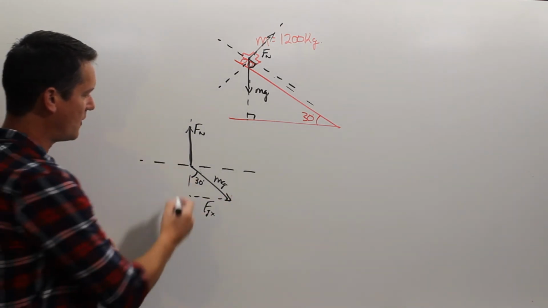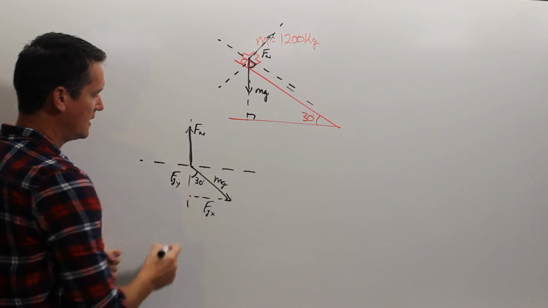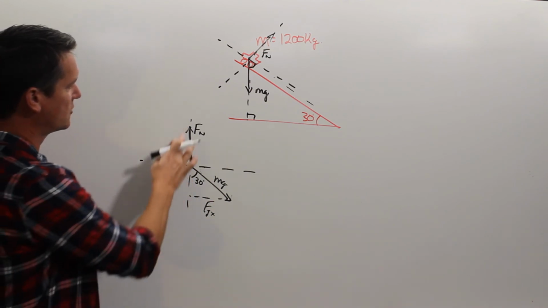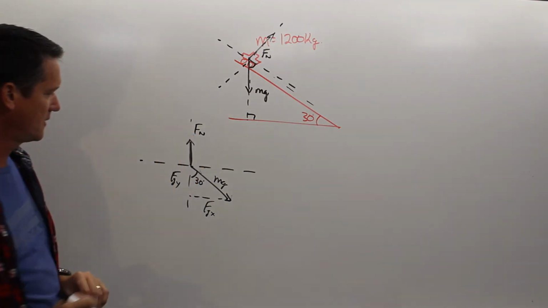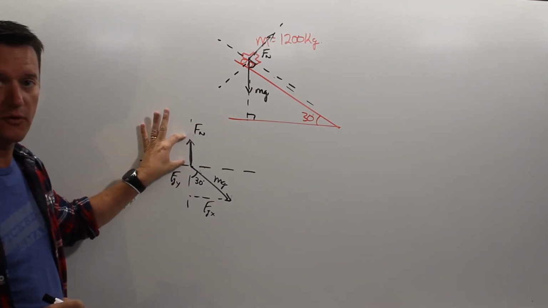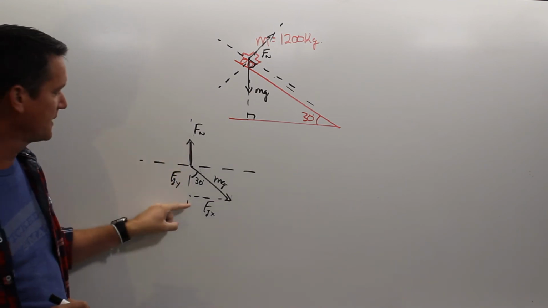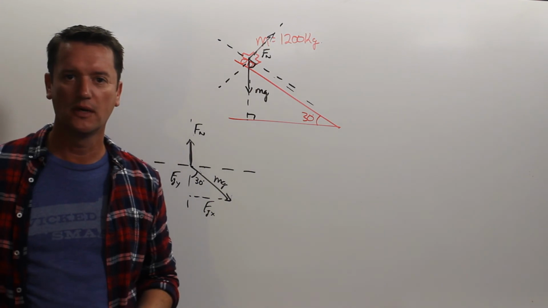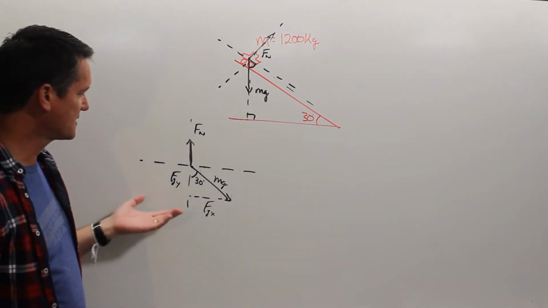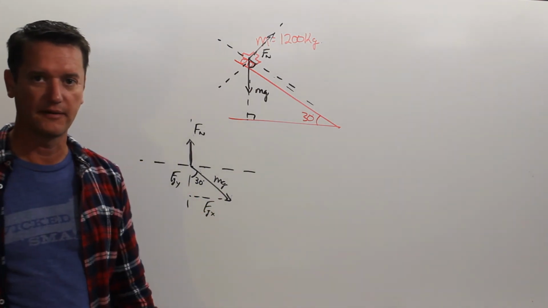The force of gravity in the y direction is going to cancel out with the normal force. My normal force here is probably a little bit big. So we don't care about that right now. We do care about the force of gravity in the x direction. That is what's going to pull this car down the inclined plane.